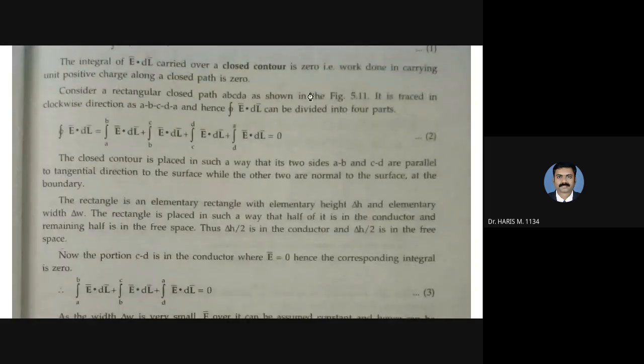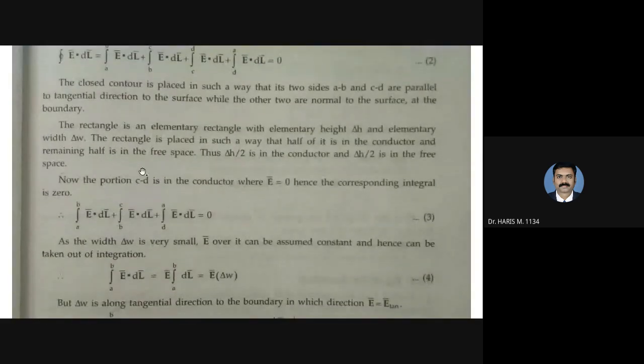So the width is taken as delta W. The rectangle is placed in such a way that half of it is in the conductor and the remaining half is in the free space. Delta H by 2 is in the conductor, and you can divide the value of this delta H also as half. Half of it is in the conductor and half is in the free space.